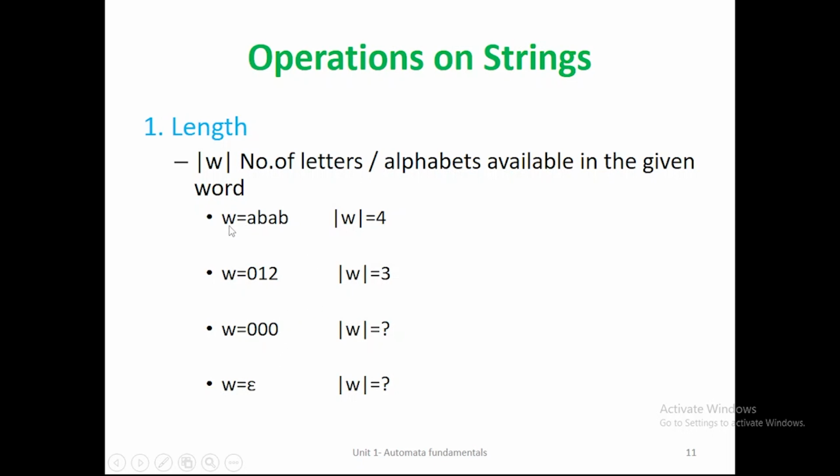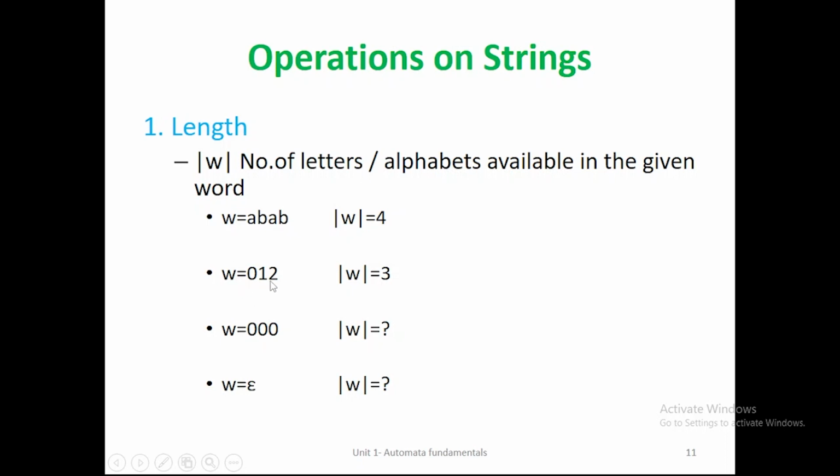For example, take a string W equal to ABAB. Mod W means the length of the string. Here W contains 4 letters: A, B, A, B. Here A and B are the alphabet symbols. Using that alphabet, we are framing a 4 letter string. So the number of letters is 4.